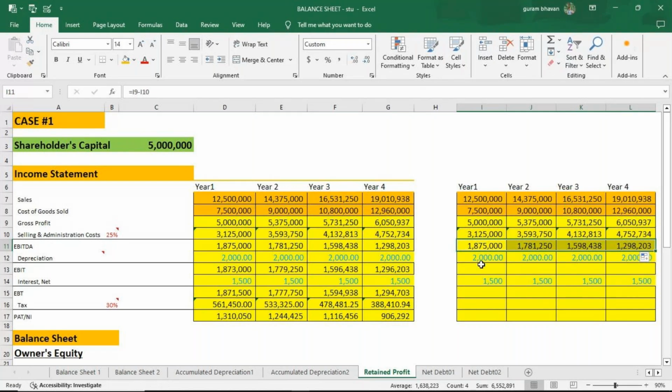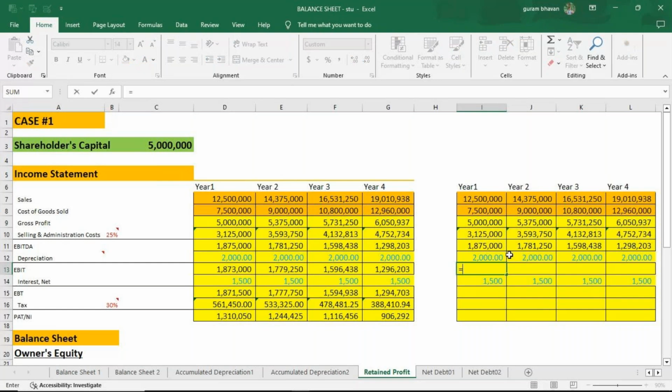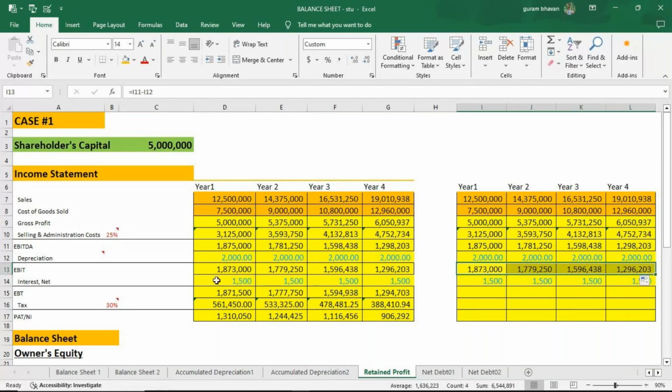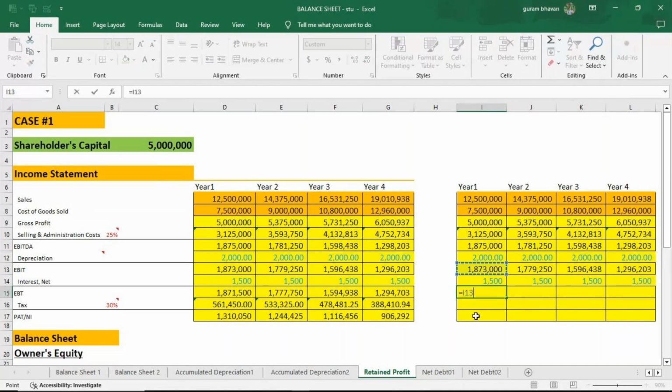So to calculate EBIT, EBITDA minus the depreciation. I'll get this value. They are telling interest every year I am paying 1500. So earning before tax equals EBIT minus the interest. I'm going to drag it.